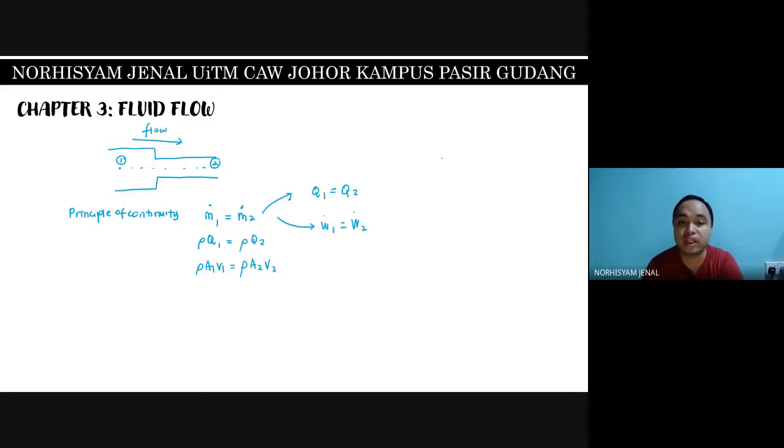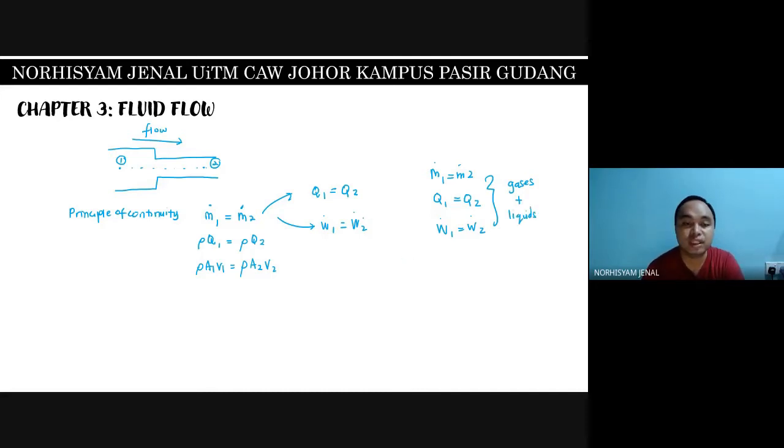So this is valid for all fluid and liquid. Everything here that you see, m dot 1 equals m dot 2, Q1 equals Q2, weight flow rate 1 equals weight flow rate 2, is valid for gas and also liquids.